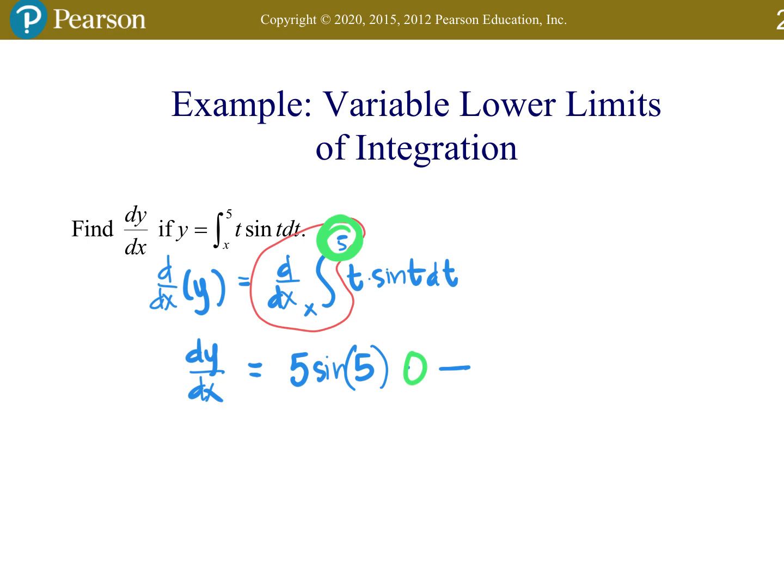Then I'm going to minus what expression? x sine x times the derivative of that part, which is 1. So the 0 is wiping out which part of it this time? The front part, okay? The front part. So I end up with the answer to this being negative x sine x.